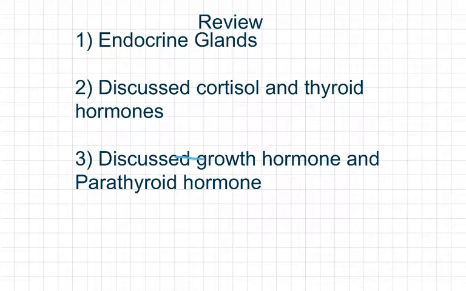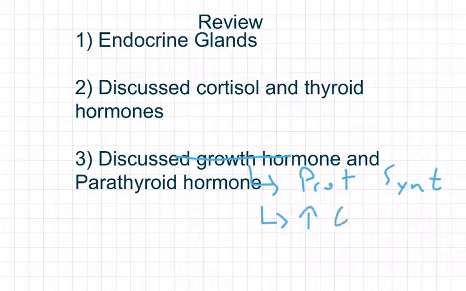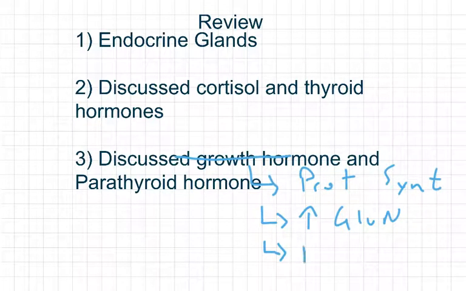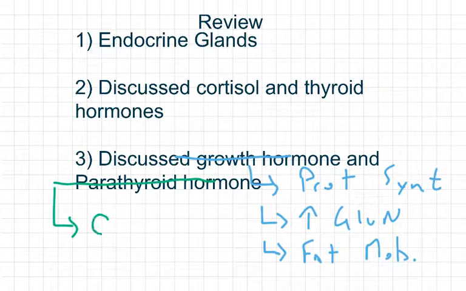Additionally, we discussed the growth hormone and its effects on how it stimulates protein synthesis and growth. It increases gluconeogenesis in the liver. And finally, we talked about how it blocks glucose entry into adipose cells in favor of fat mobilization or fat usage. Also, we discussed the parathyroid hormone and its effects on calcium regulation within the human body.